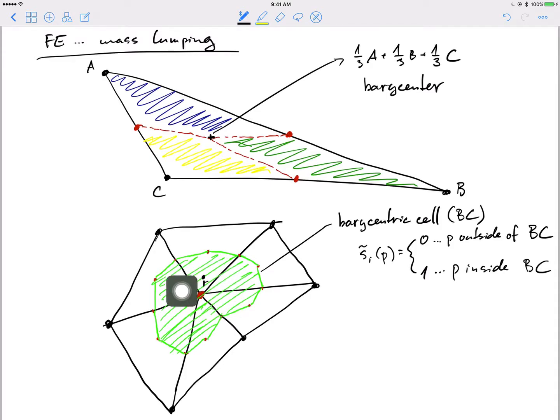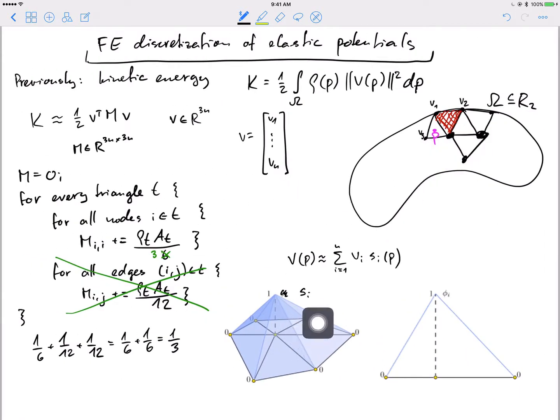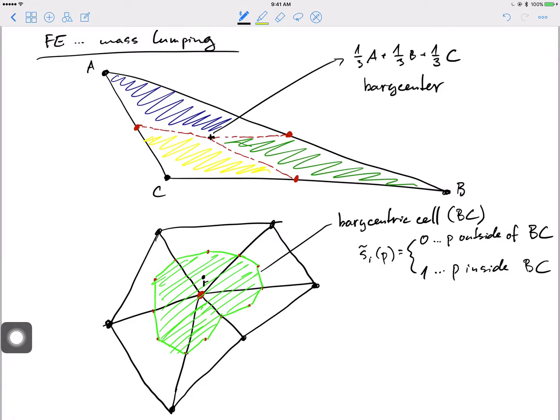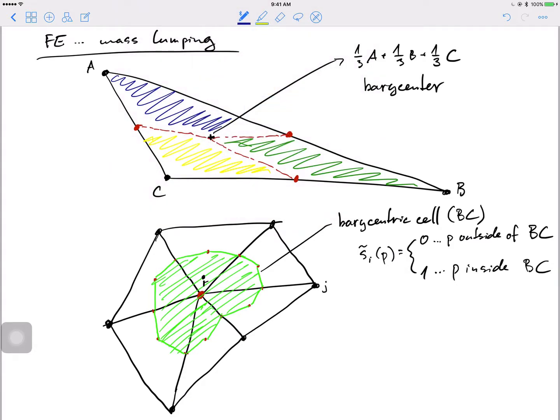So this is actually a simpler way to interpolate velocities inside your mesh rather than using the piecewise linear shape functions. Then you would have some other vertex here, some j, and you would do basically the same thing. You would have a barycentric cell for this vertex, and there would probably be some other triangle somewhere, so it would have some cell like this.